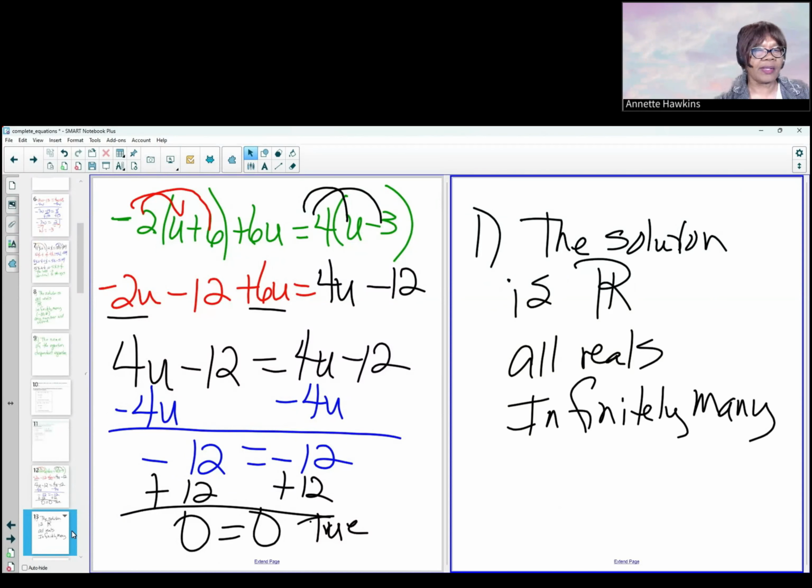Now, let's do this so that you can see what I'm talking about. Okay, so I'm going to rewrite this. Let me clone this.